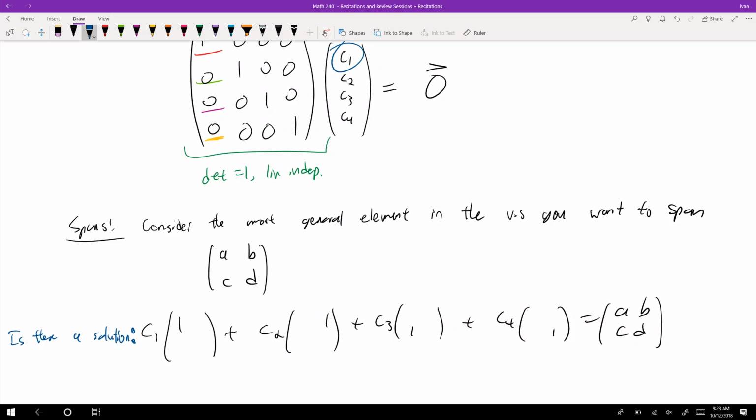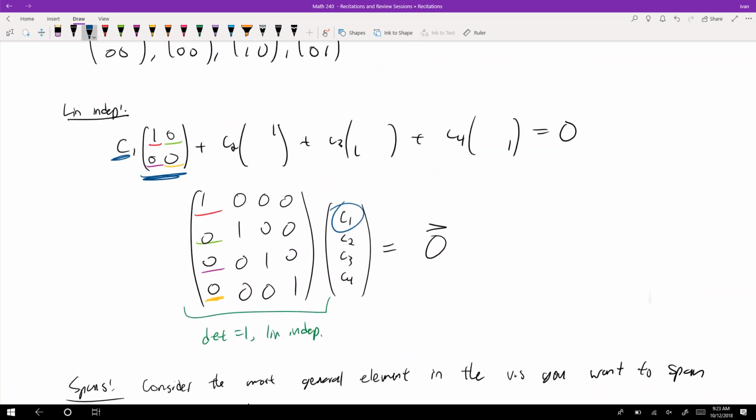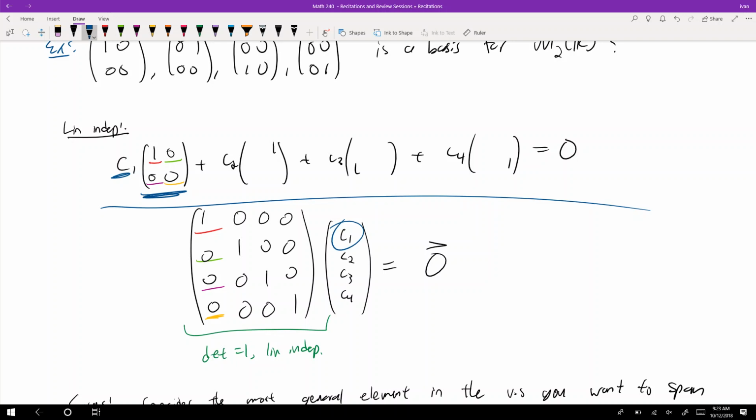This looks very similar to what we did up here. It's the exact same thing, but the only thing that's changed is the right-hand side.